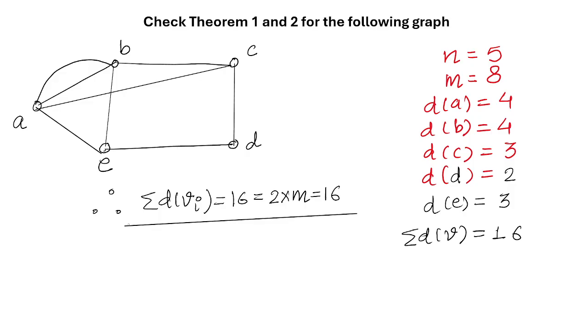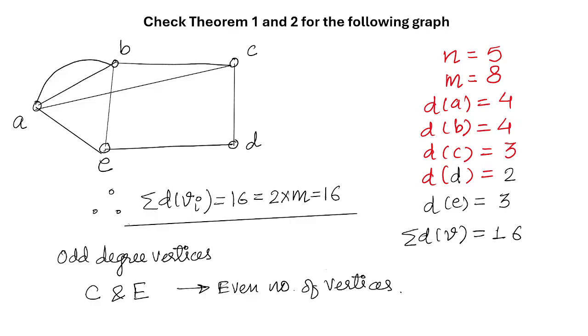And how many vertices in this graph have odd degrees? There are 2, vertex C and vertex E, and 2 is even. So the number of vertices having odd degree will always be even. This demonstrates that this is also present in this particular graph.